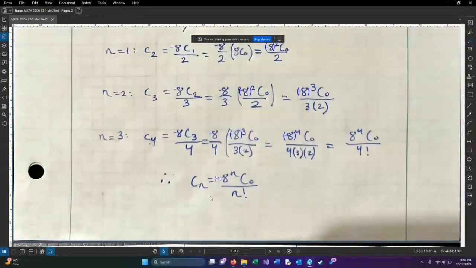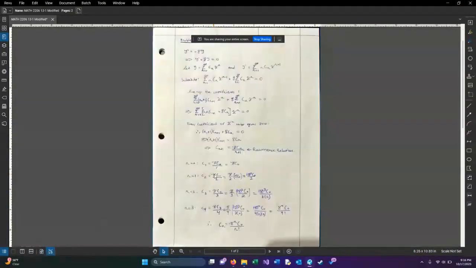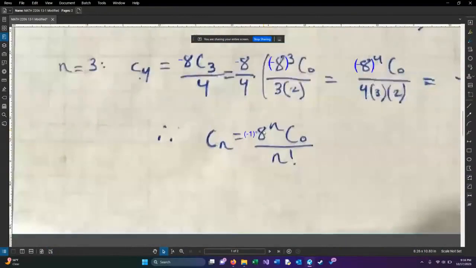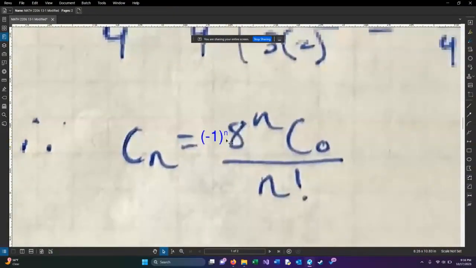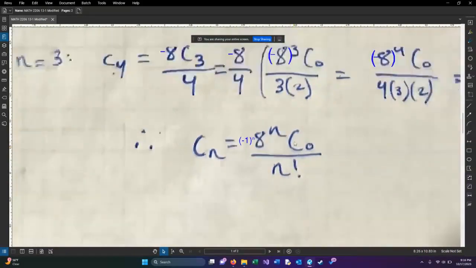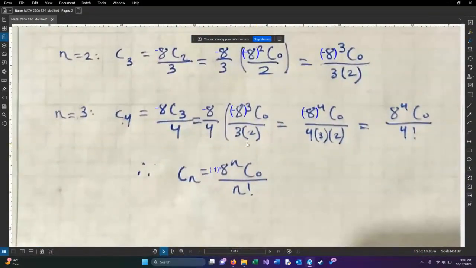But you end up with c_n equal to, and I'll see if I can zoom in here because I added this correction, because of the negative you have (-1)^n, and then 8^n c_0 over n factorial. So that's the c_n.